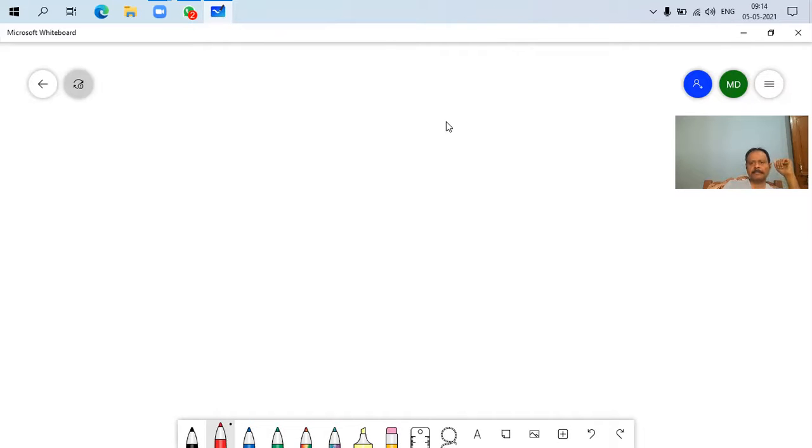But here, in the case of binary numbers, 1 plus 1 is 10. So now we are going to understand the addition of binary numbers. Correct? So when we do the addition of binary numbers, what is the rule?